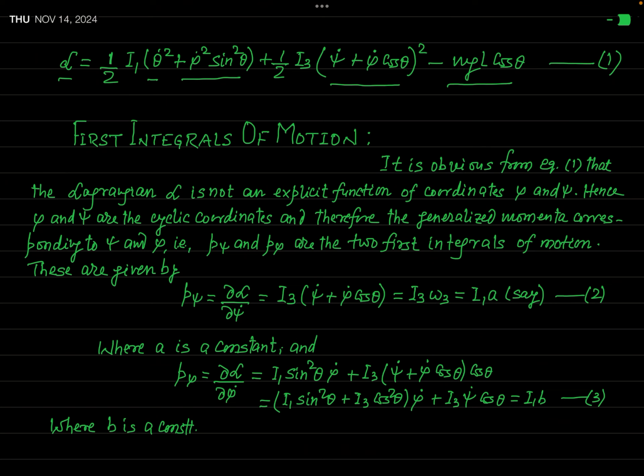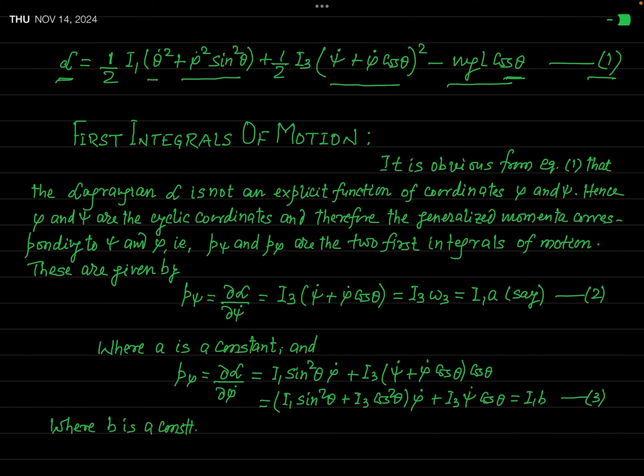And for this, let us see this equation 1 seriously. See the terms in the RHS. If I ask you, does this Lagrangian L depend on the coordinates psi and phi? The answer is no. Psi and phi directly or explicitly, the answer is no. L is an explicit function of theta.